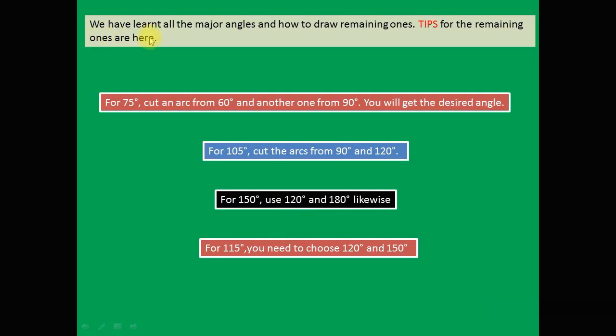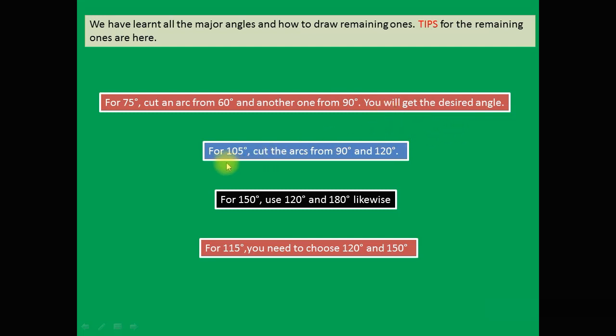Now we have learned all the major angles and how to draw the remaining ones. Tips for the remaining ones are here. For 75 degrees, cut an arc from 60 degrees and another one from 90 degrees. You will get the desired angle.